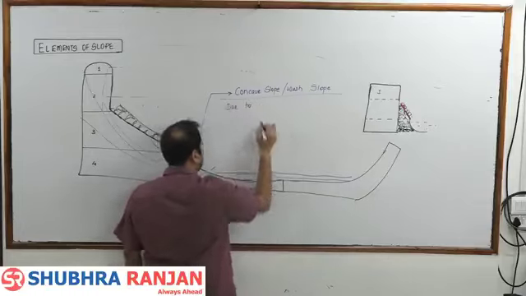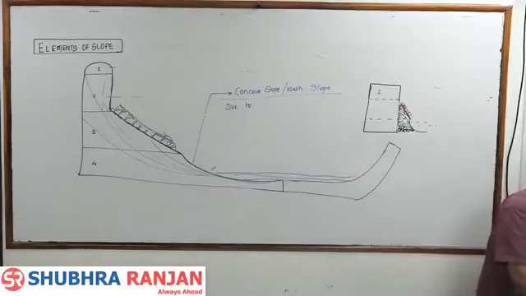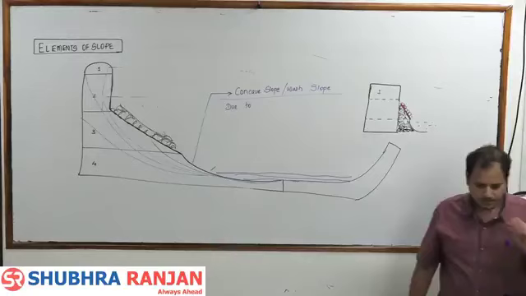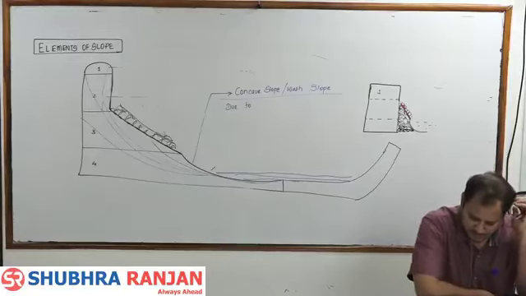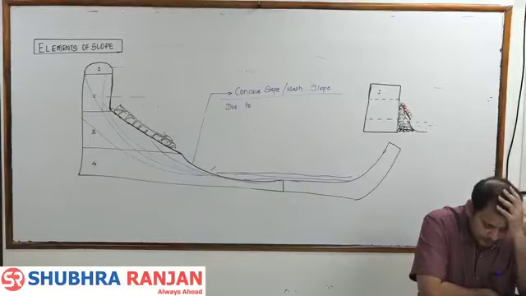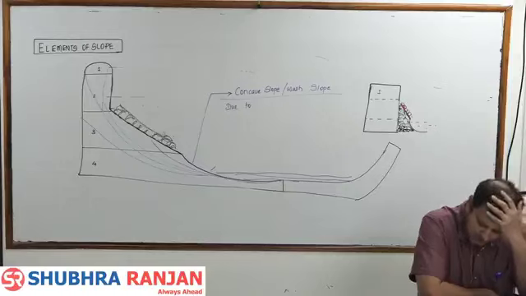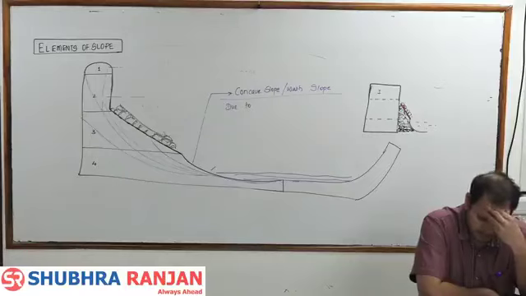So due to weathering, finer sediments roll down. Finer sediments are carried down by rainwater and deposited at the bottom of a hill.